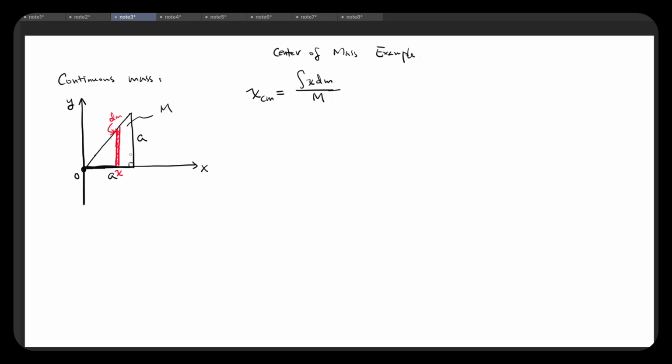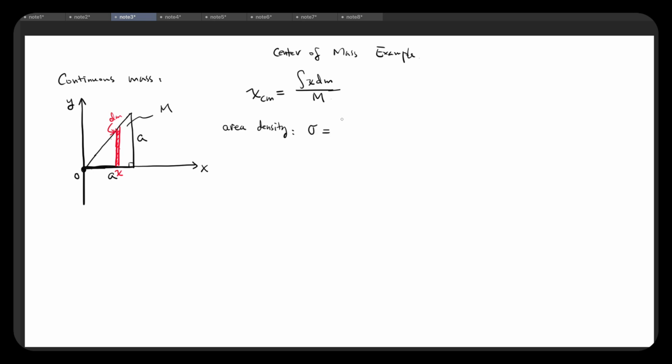So now how to represent this dm? If you think about the density, in this particular example it is the area density. Let's call it sigma.